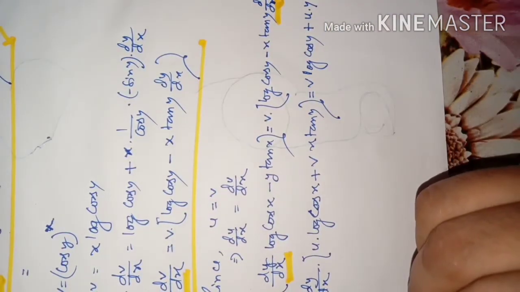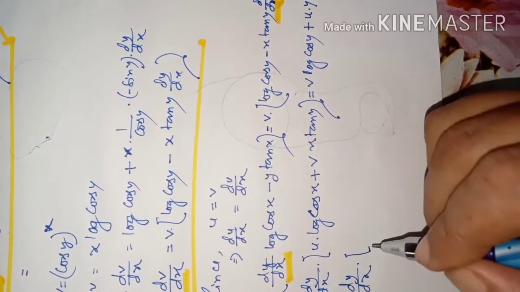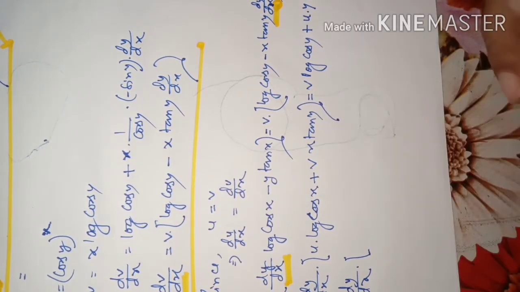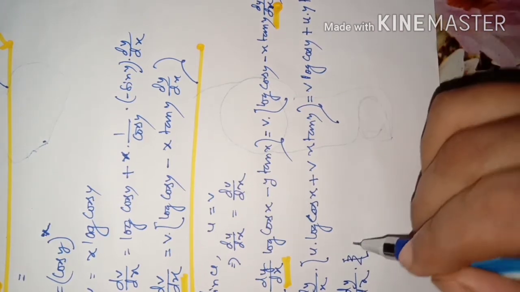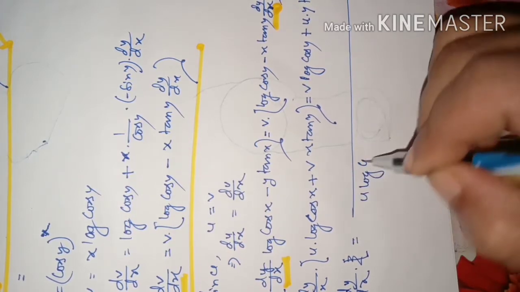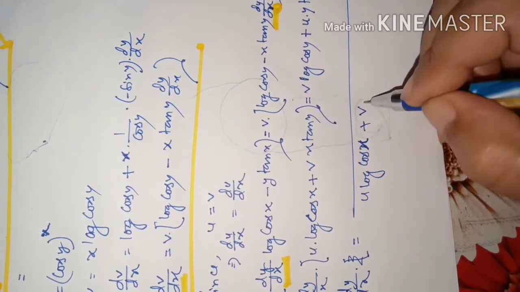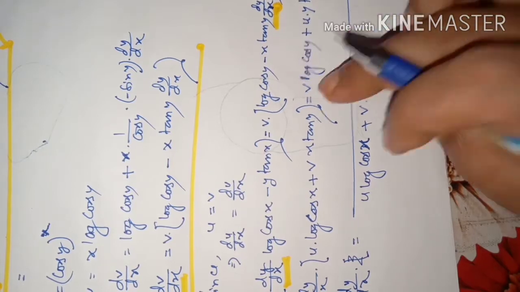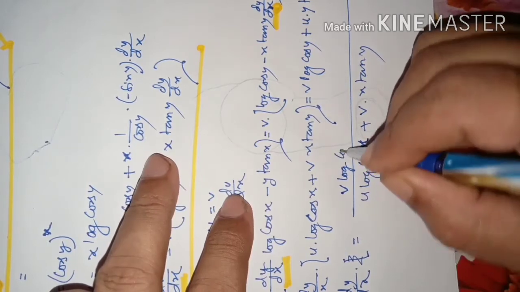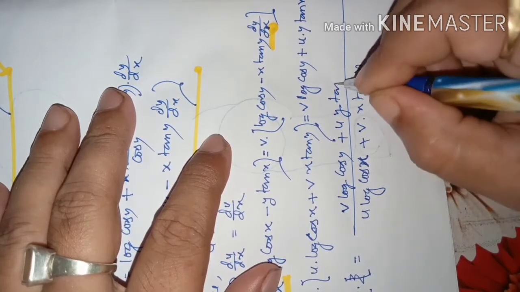So from here we write dy by dx into u into log cos x plus v into x tan y will go to right hand side and it will go as a denominator, equal to it will come down here, u into log cos x plus v into x tan y. This will be here v into log cos y plus u into y tan x.